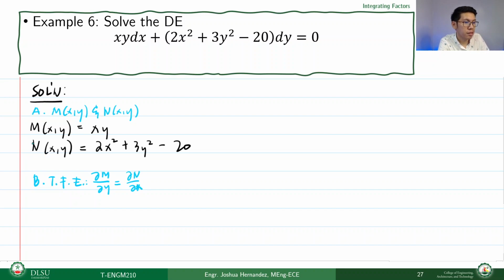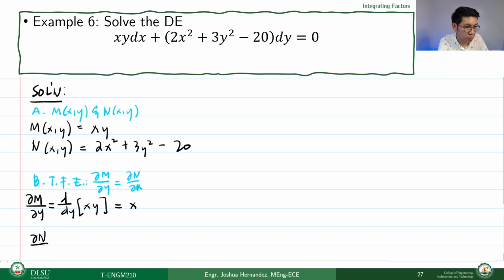Yan. So, taking the partial derivative with respect to y of M is actually the derivative with respect to y of xy, simply x.